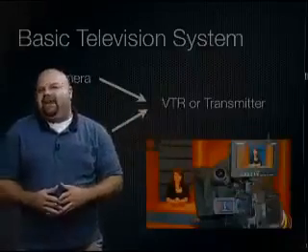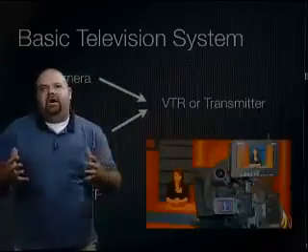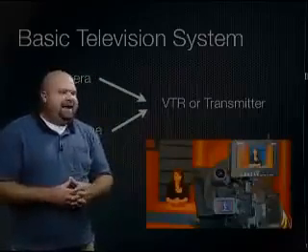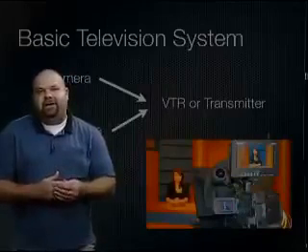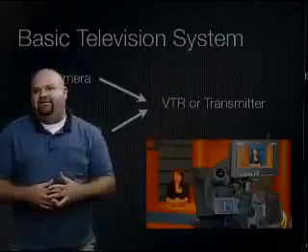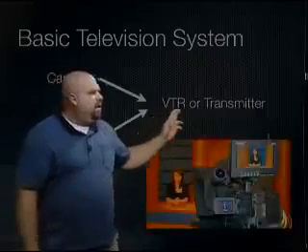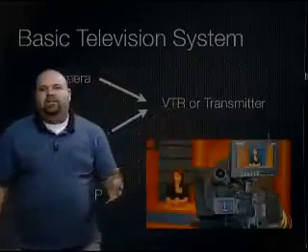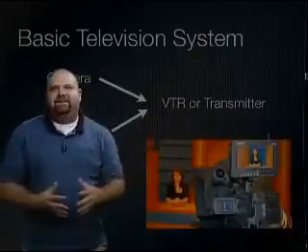VTR, it's not a VHS machine or a VCR or something like that. It's a VTR, a videotape recorder. What's interesting about it too is that even though we're not necessarily using videotape, you will still hear it called a VTR. I know it's kind of crazy, but that's the way the business works. A VTR is essentially just a recorder. Makes it so that it can be played back at a later time or edited in an editing system.